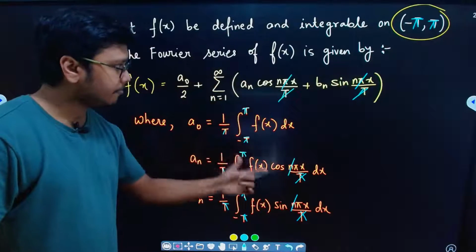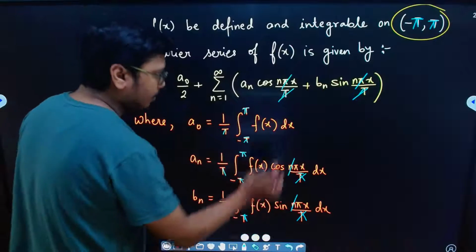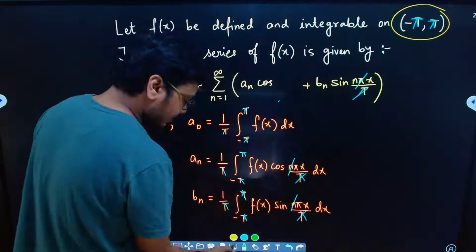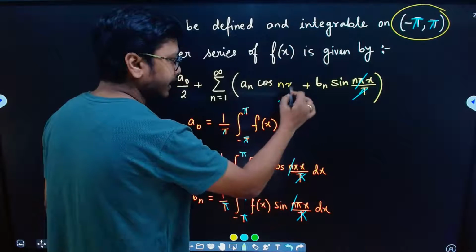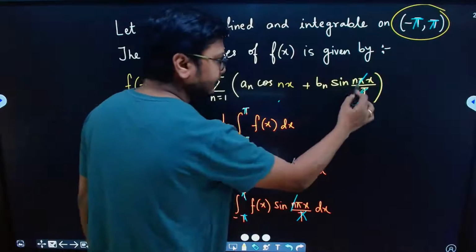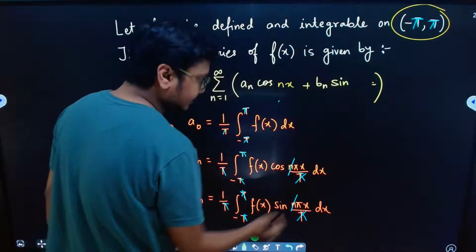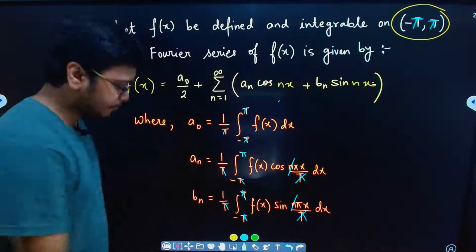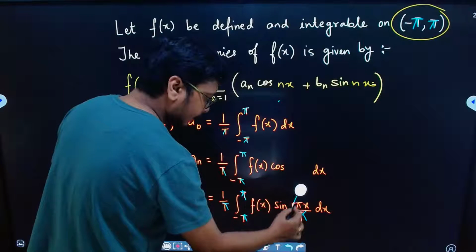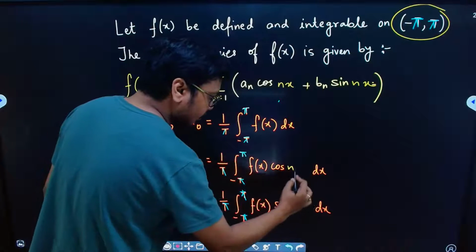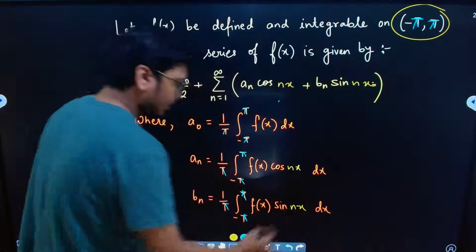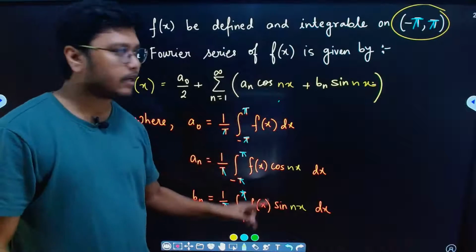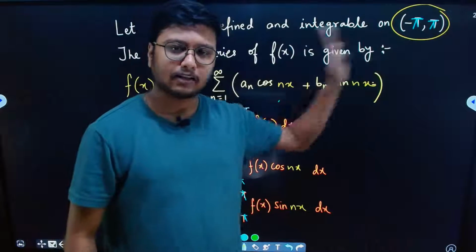That's why I have written the formula explicitly for minus pi to pi. I'll just rearrange that once again. This is going to be simply nx, the pi is getting cancelled, and this is going to be simply nx, the pi is getting cancelled. Similarly, things over here, the pi is getting cancelled. This is all becoming nx, cos nx, sin nx. So this will be my working formula if the interval is minus pi to pi.